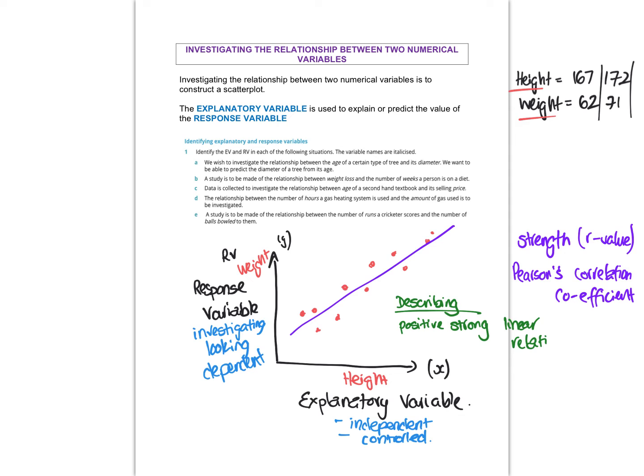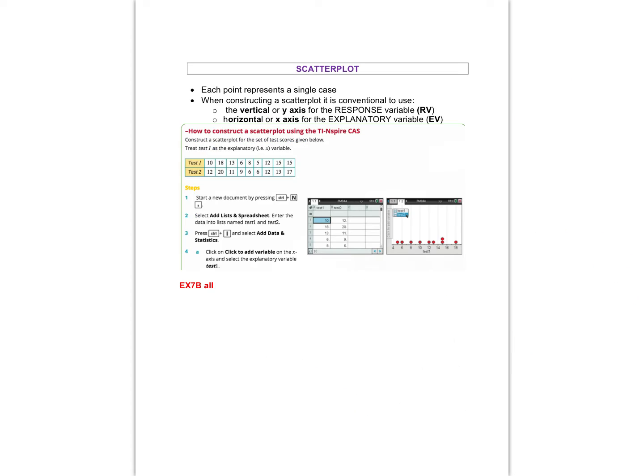So I'm saying that between height and weight in this data, I think it has a strong positive linear relationship. We looked in our calculator at how to calculate the R value, so remember we were putting those lists in. If I jump ahead here, in this little example, they were comparing test 1 and test 2.